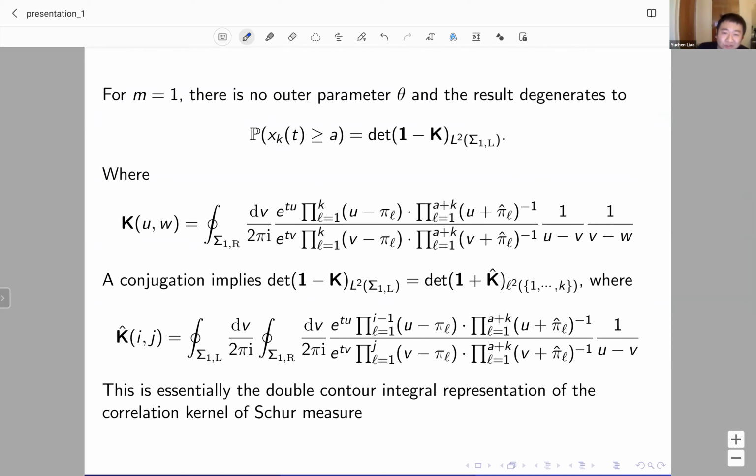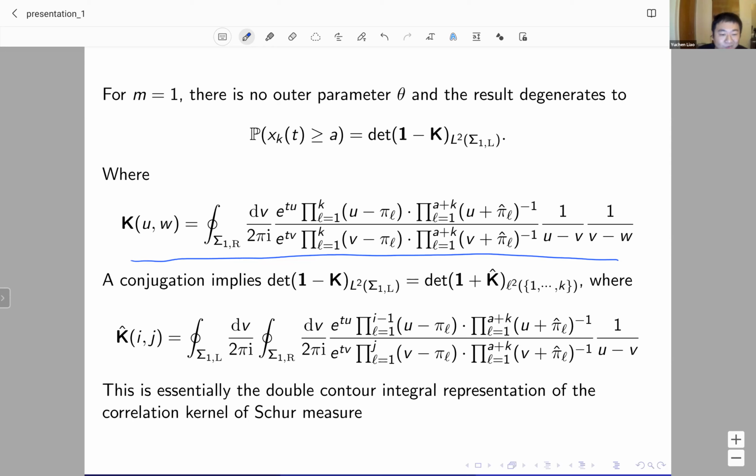You are taking the Fredholm determinant of a kernel acting on the left contour, and the kernel looks like this. Something might be familiar to some of you, but what's more commonly written in the literature is, after a conjugation, you can change the underlying space, basically using det(1 + AB) equals det(1 + BA).